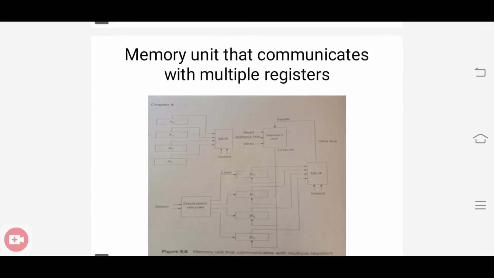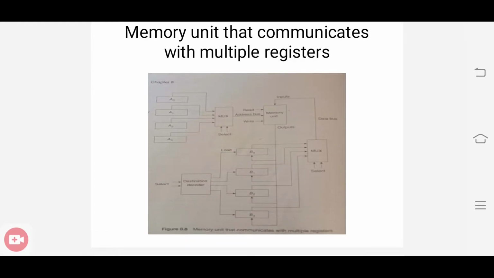It's a memory unit that communicates with multiple registers. Here A register is there, also B register is there, two muxes are there, a memory unit, and also a destination decoder. So what is the use of the mux?